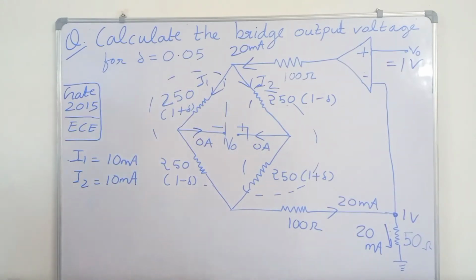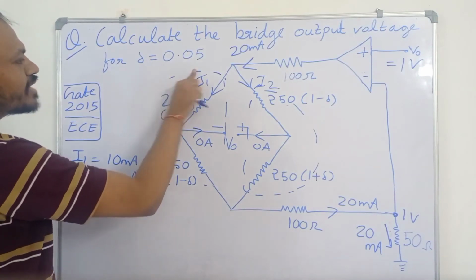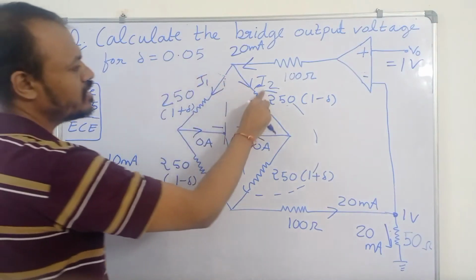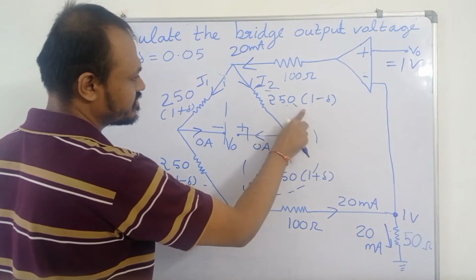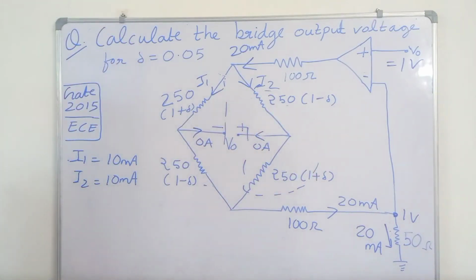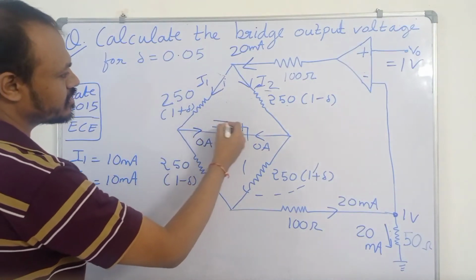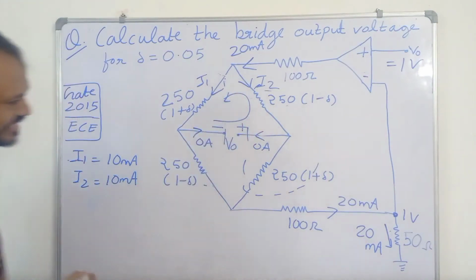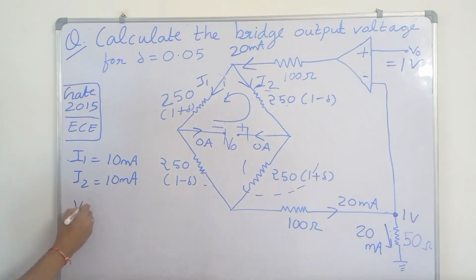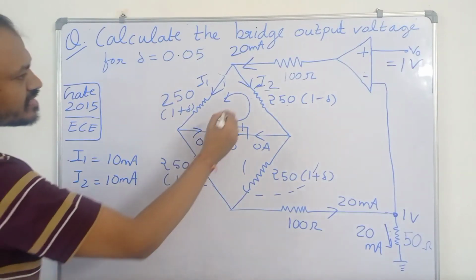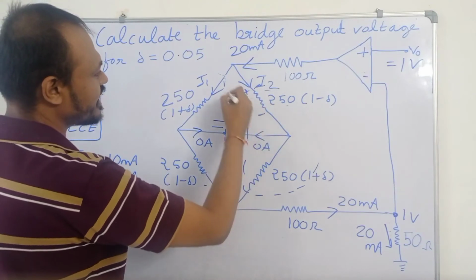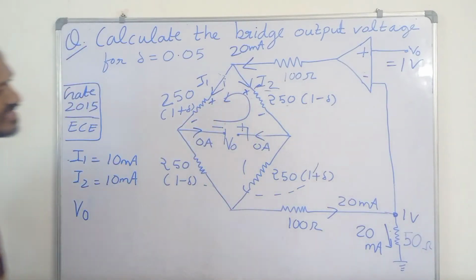Now we have found both the currents, so we only have to apply Kirchhoff's voltage law to find the voltage, because now we know the current and the resistances in this loop. Applying KVL in this loop, we get V naught, this will be plus, this will be minus, this will be plus, this will be minus.